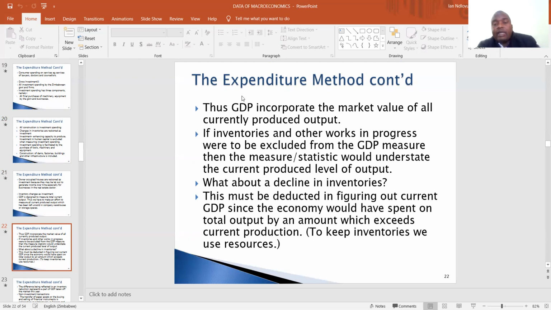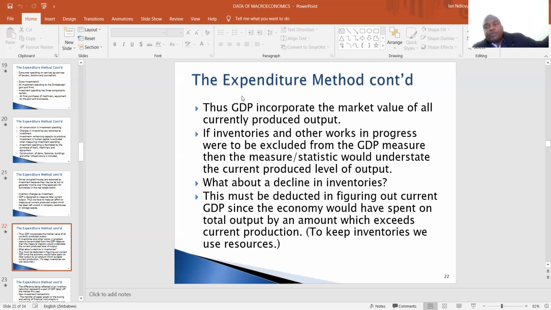How about a decline in inventories? This must be deducted in figuring out current GDP. Why? Since the economy would have spent on total output by an amount which exceeds current production. If inventories are declining, it implies that expenditure in the current period outstripped production in the current period.